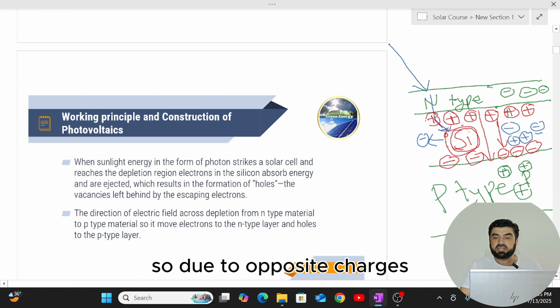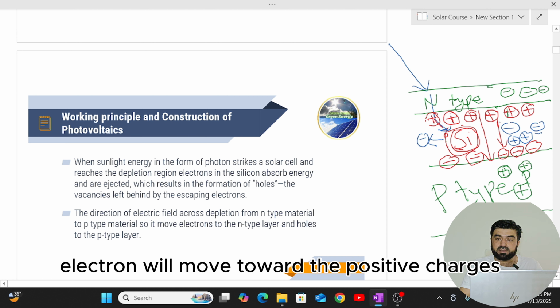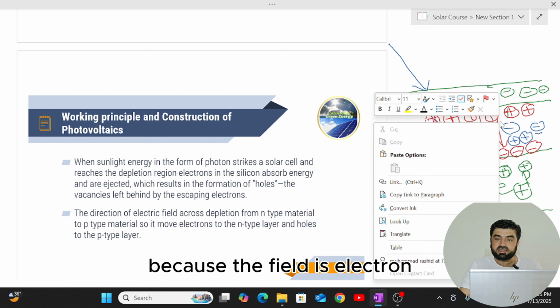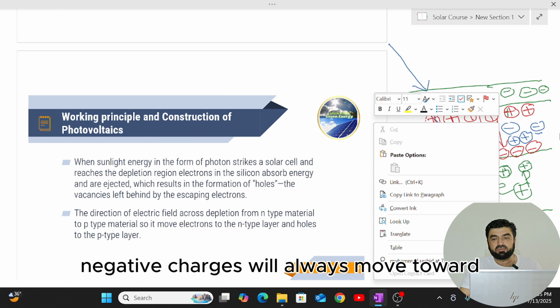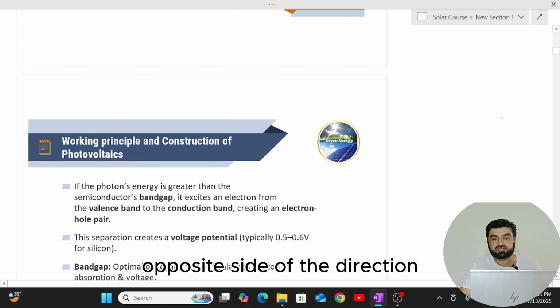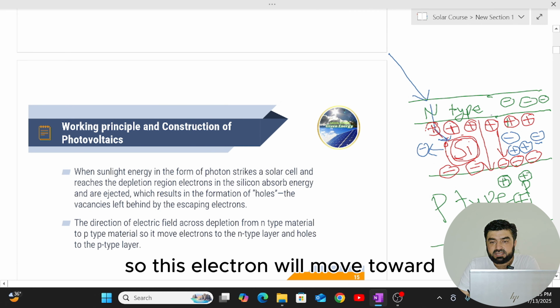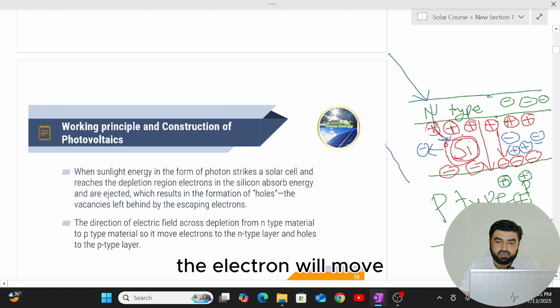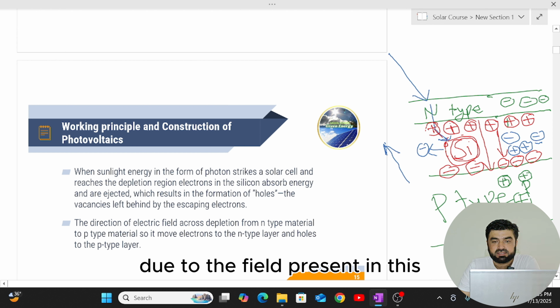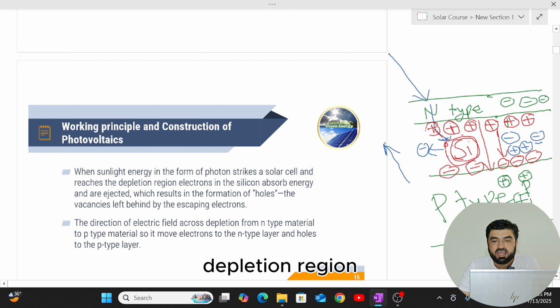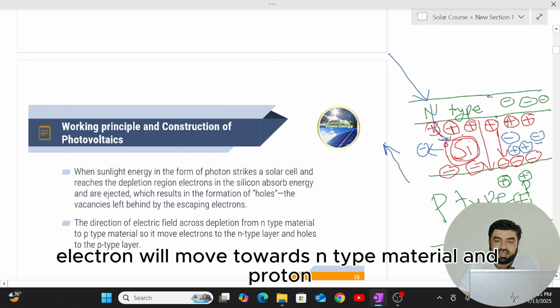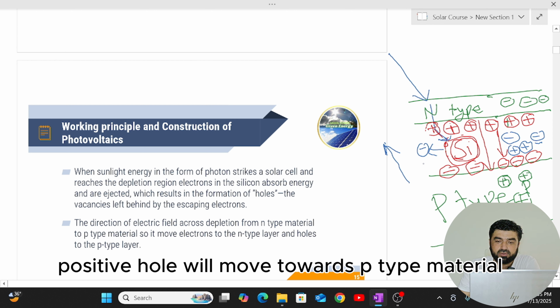So due to opposite charges, negative charges will always move opposite to the direction of the field. So the electrons will move due to the field present in this depletion region. Electrons will move toward the N-type material, and positive holes will move toward the P-type material.